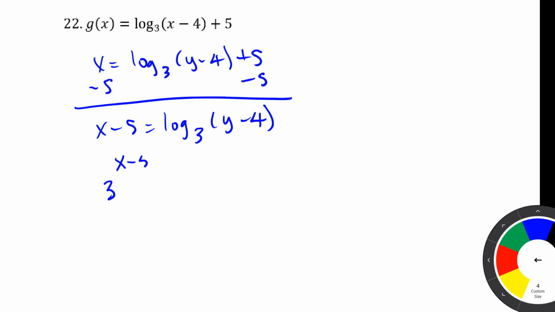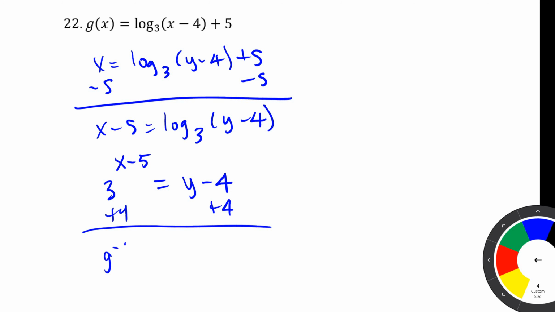It's going to be to the x minus 5, and the answer is going to be y minus 4. I then can add 4 to both sides to get the y by itself. So now I have g inverse of x equals 3 to the x minus 5, plus 4. And that's it.